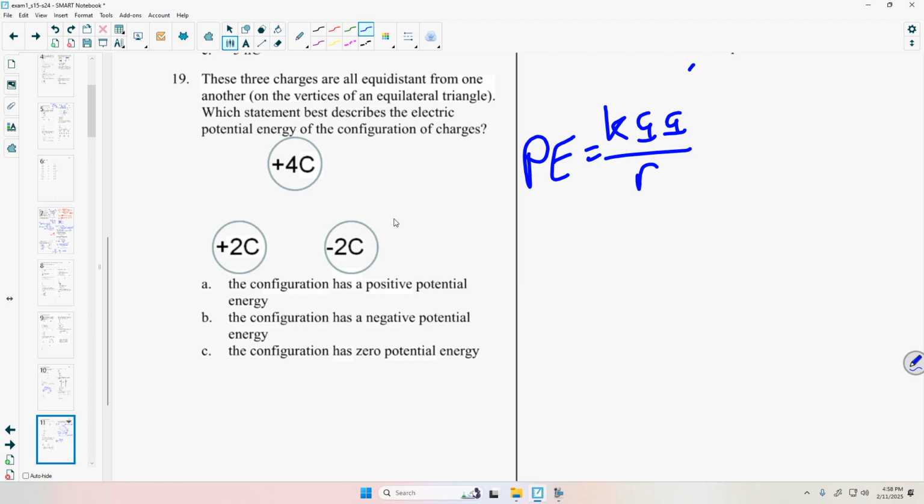And since these are all the same distance apart from one another, the only thing that really determines their difference in energy is the fact that the charges are different. So when I see these, and you're likely to see something like this, I take the product of the 2 charges. So for example, these 2 charges right here, I would label that as 8, -4, -8.